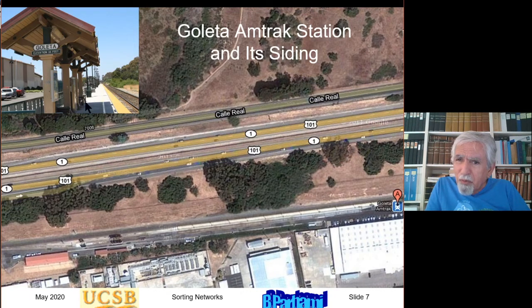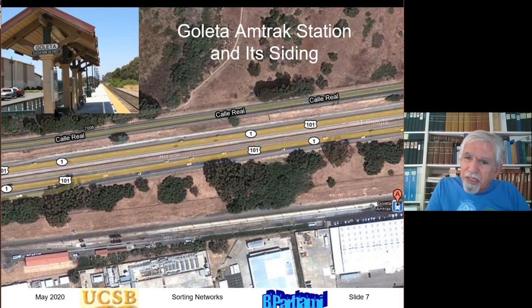It's more visible here. So this is the main track. This is the platform, station platform. And the siding goes on the other side of the platform. So when a train comes, it goes into the siding.